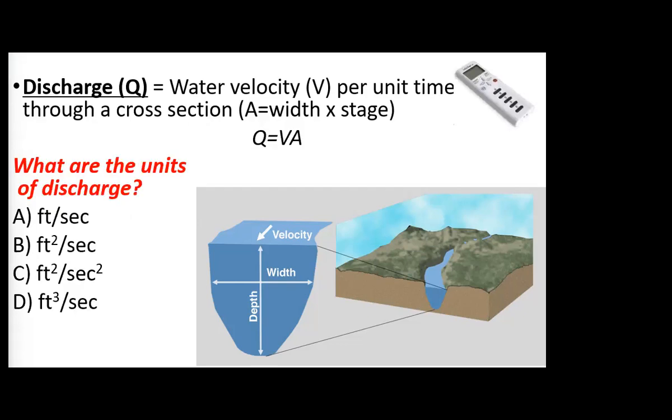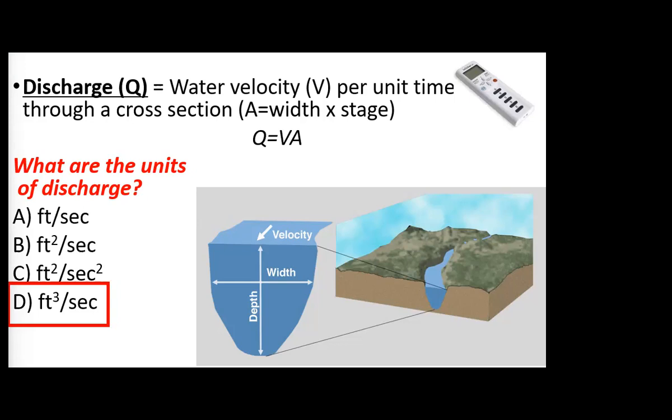So if we have a velocity, a cross section, and a time, what are our units going to be? What do you guys think? Feet cubed per second. Very good. So remember, we're talking about how much water. So we want to know the volume.